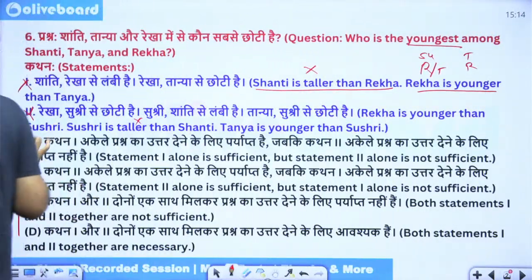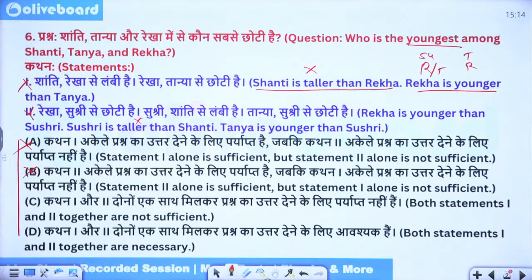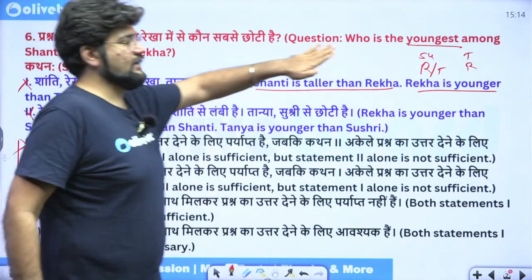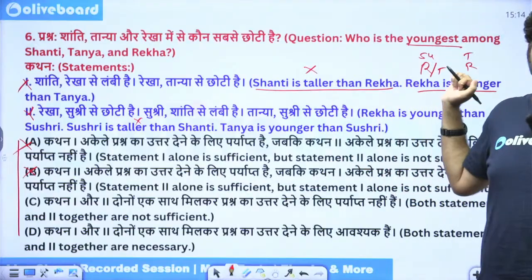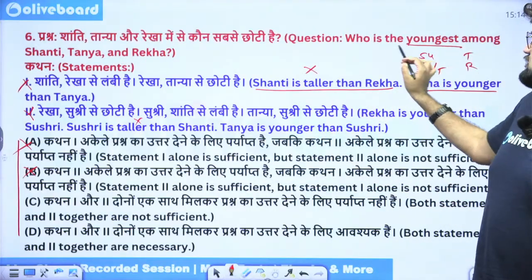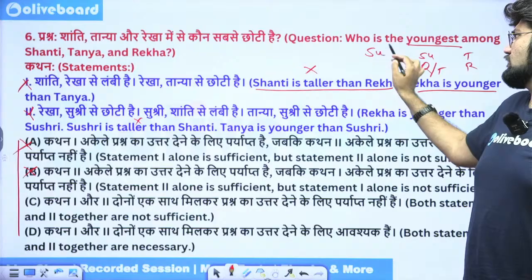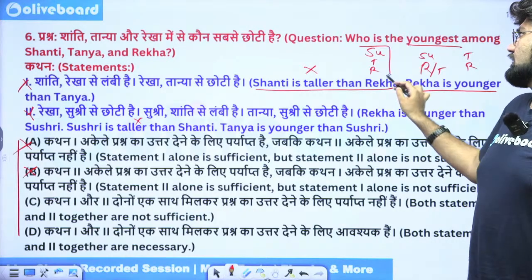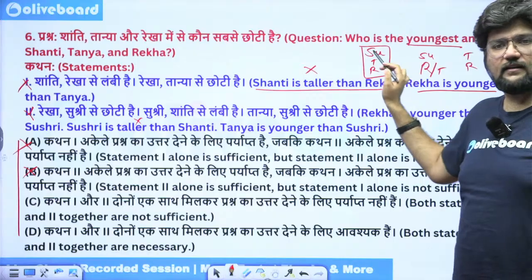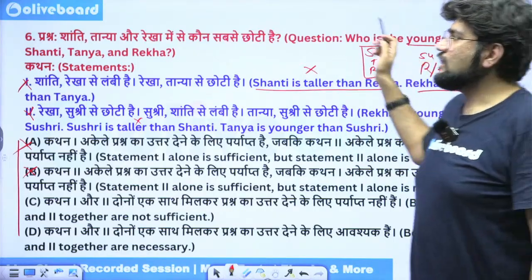If you have read and understood clearly, you will right away understand that even if you combine both of them, you will not be able to get the answer. You will say, I can get the answer, sir. I can clearly see that if I combine both, I can easily say that Rekha is the youngest. A lot of you will feel this. You fail to read the question again.